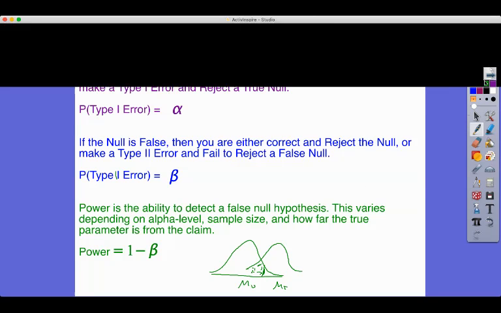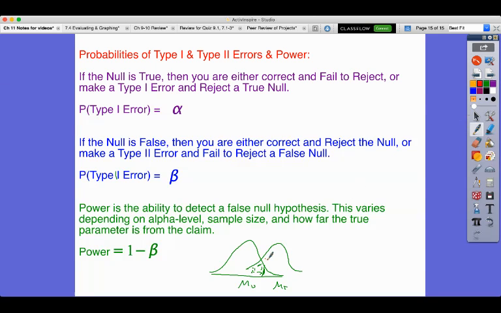But all of these samples over here in my distribution are going to be rejection, and that's power. All of these are the good samples that allow me to reject. That's the power. All of these are my fail to rejects. That's my beta, okay? So you see that they add up.